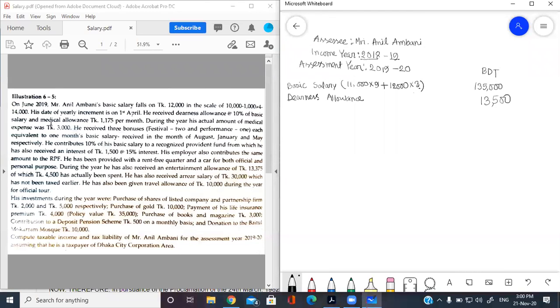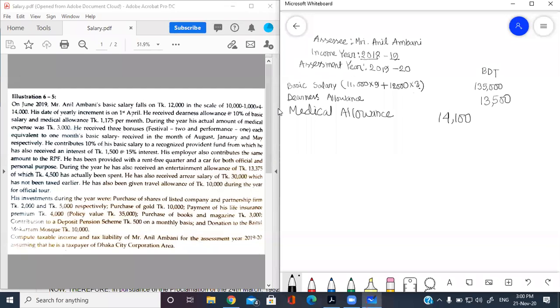Then he also received medical allowance of taka 1,175 per month. In that case, we need to write first how much he has received for medical allowance. Then we'll go for calculating how much will be taxable and how much will be tax exempted. If you multiply 1175 by 12, you will get a number like 14,100 in your calculator.